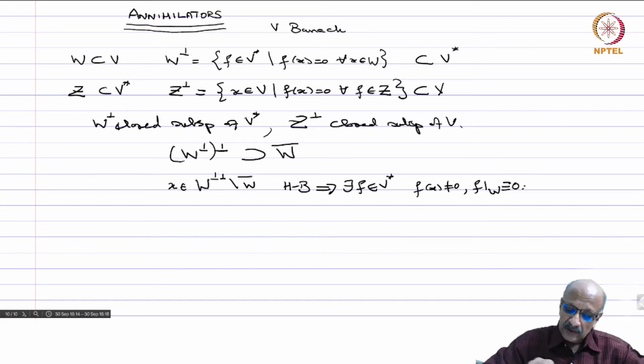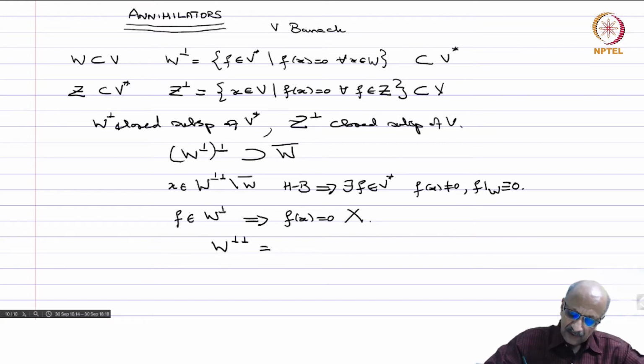This is one of the corollaries of the Hahn-Banach theorem. Consequently, f belongs to W perp. And since x is in W perp perp, this means that f of x has to be 0, which is a contradiction. And therefore, we have that W perp perp is in fact equal to W closure.